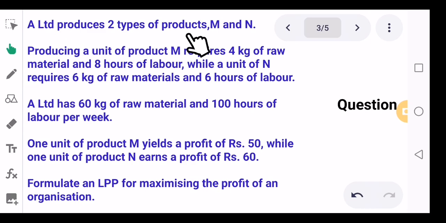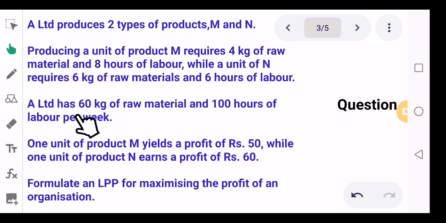The names of the products are M and N. So A Limited is producing product M and product N. Producing a unit of product M requires 4 kg of raw material and 8 hours of labor, while to produce a unit of product N, it requires 6 kg of raw materials and 6 hours of labor.